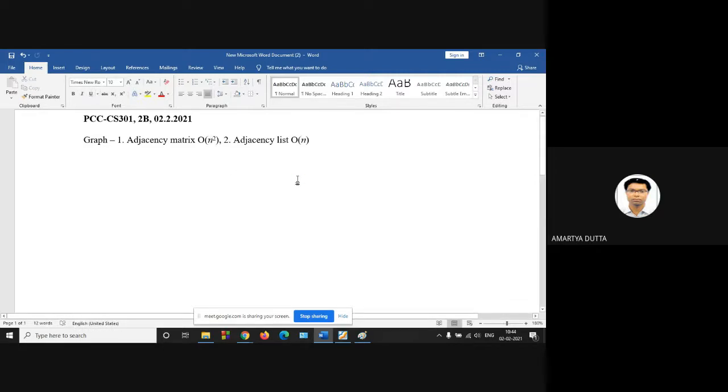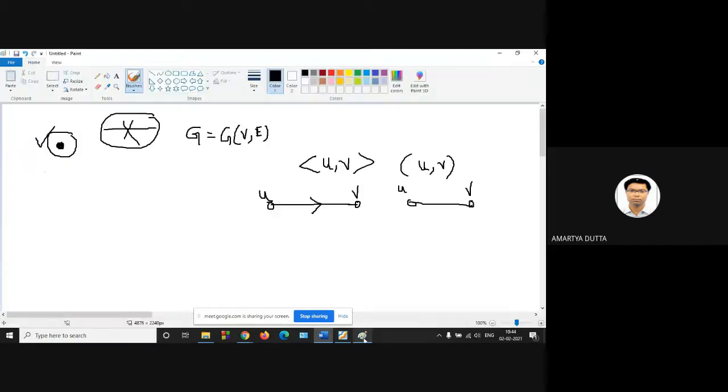Okay, adjacency matrix. Let the graph be this. This is A, from A we're getting B. Let this be another vertex C, D, E. These are connected and these are connected.